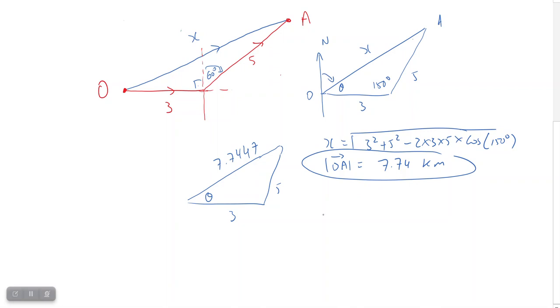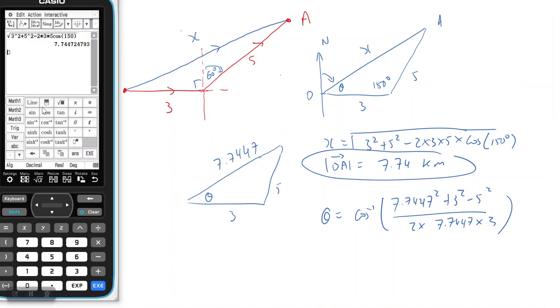I want to find the angle. The angle would be inverse cos of, again using the cosine rule, 7.7447 squared plus 3 squared minus 5 squared, over 2 times 7.7447 times 3. Because I've got the answer there, I can save myself from typing it and just drag and drop it.